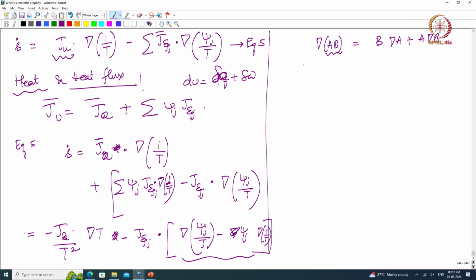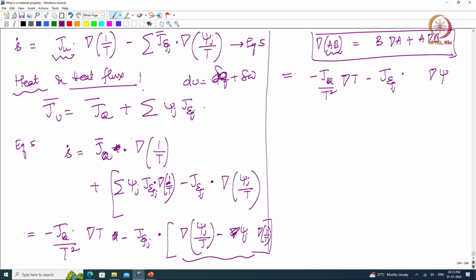So I will use this expression and write this as minus J q by T squared gradient of T minus J epsilon j, right, dotted with, now I am just going to write this as, yeah, I have a gradient of psi j by T, right. So this is what will come out, that is this term, right. So it is this minus this equal to this, right. So that is this term, all right.